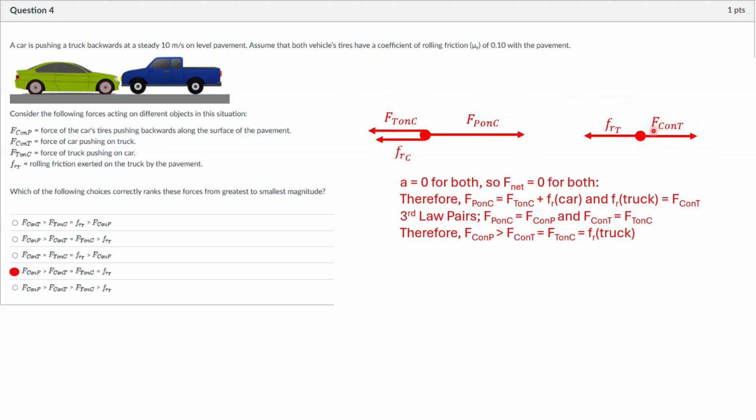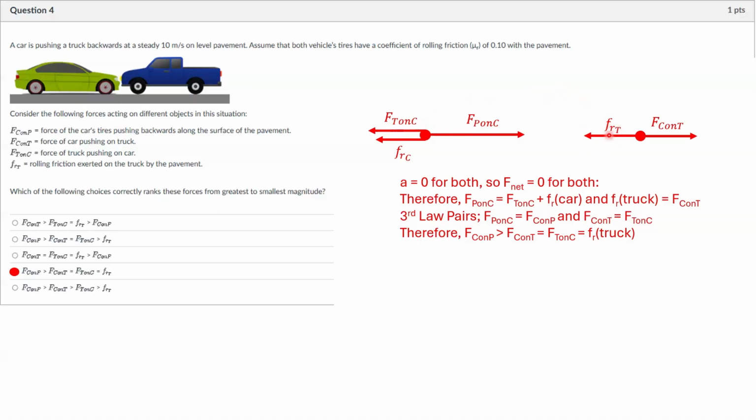So the car pushing the truck forward is the obvious one. This is kind of the response pair. The truck must push back. These two have to be equal to each other because that's an action-reaction pair of forces. It's the same two objects exerting one force on the other and back. And then finally, the truck would also have a rolling friction.